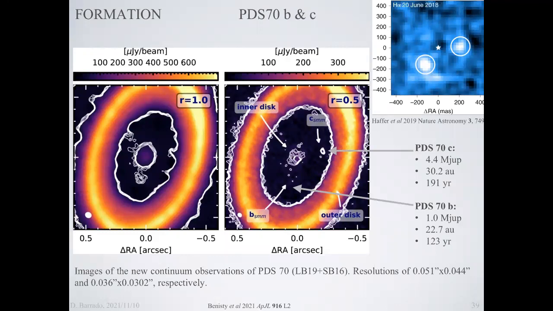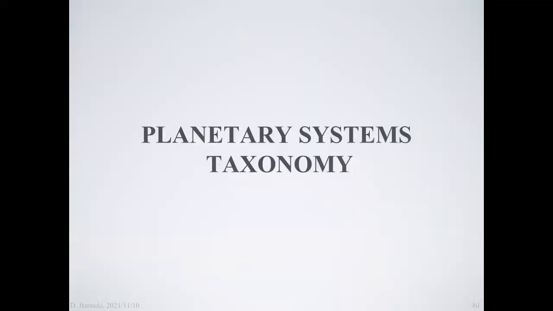This is an important line in the spectrum, and it's because hydrogen is falling into the planet. So these 2 planets are still in the formation process. They are gathering gas from the environment. And this is something really amazing. I don't want to repeat myself with adjectives, but it is so surprising that we are able to see this directly.